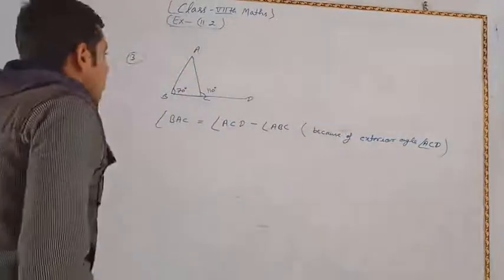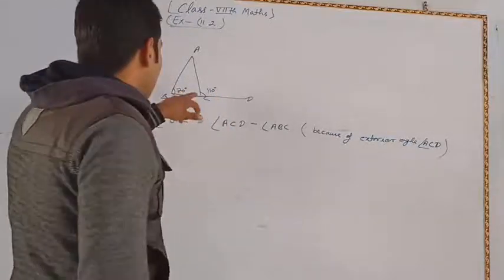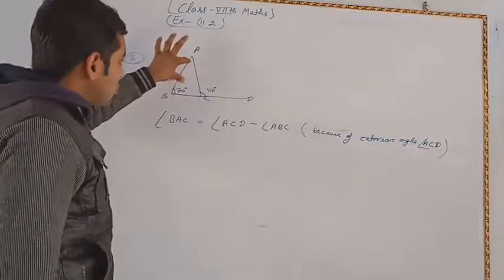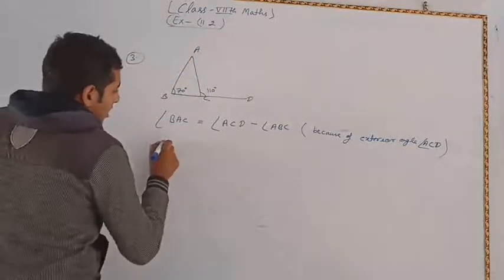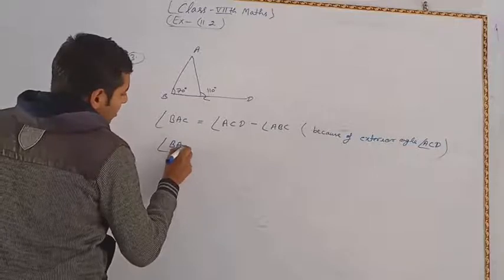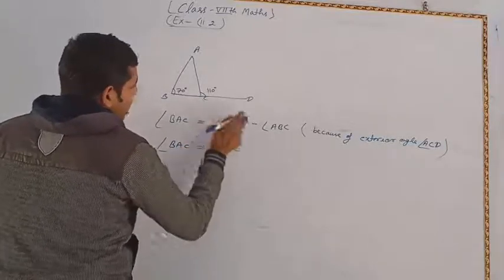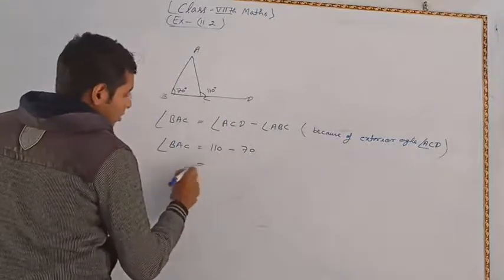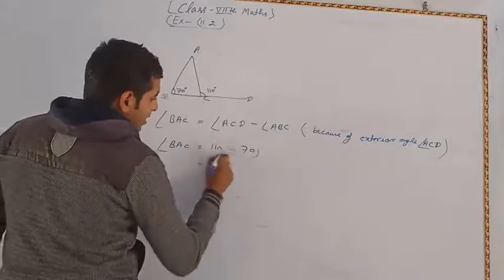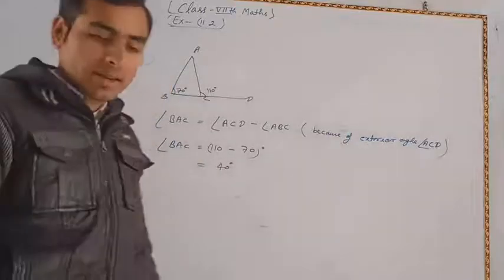Because you know that any exterior angle of any triangle is equal to the sum of the two interior opposite angles in the triangle. Okay, so from here we know that angle BAC is equal to angle ACD, 110 degree, minus angle ABC, 70 degree. So we find out 110 minus 70 degree is equal to 40 degree. So this is your answer.